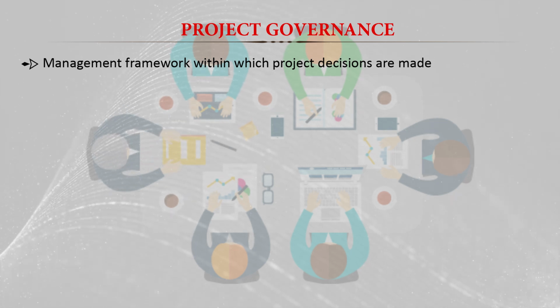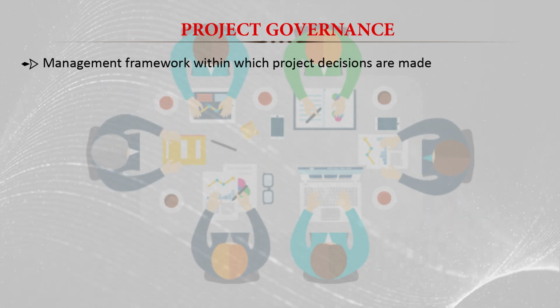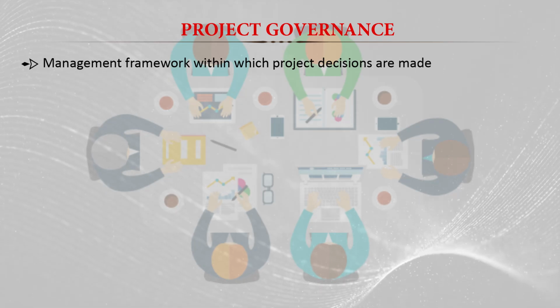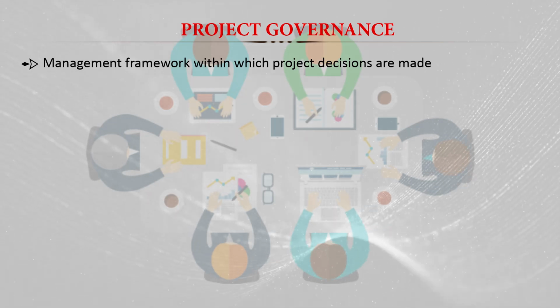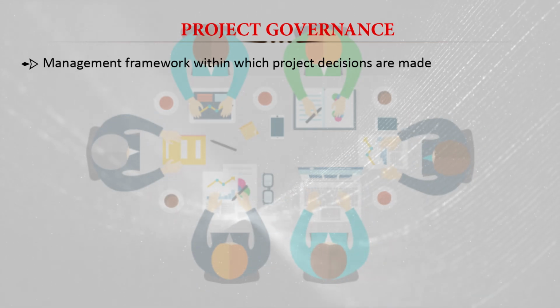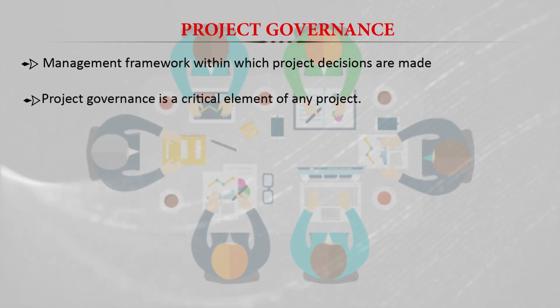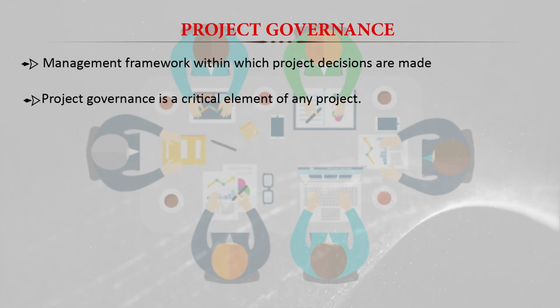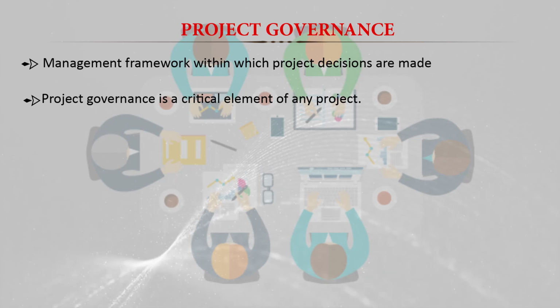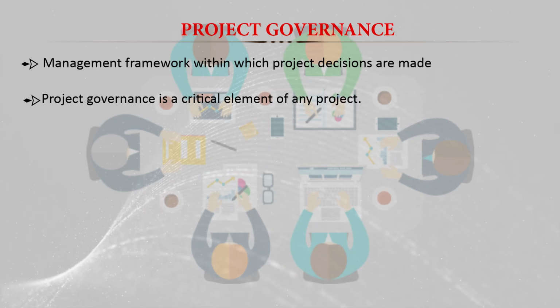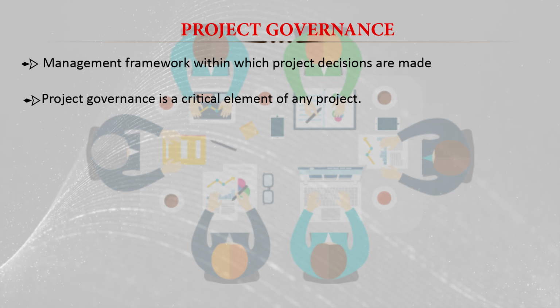It is basically the human aspect, the managerial capacity or implementation skills, all this is to be defined in the project governance. And project governance is a critical element of any project, because every decision regarding the purchasing power, the disbursement power of the money, everything is decided in the project governance.